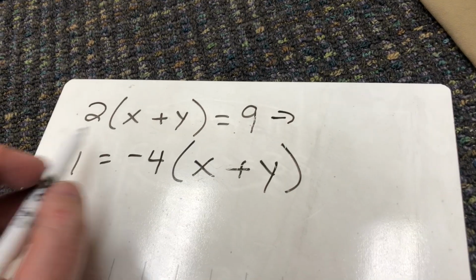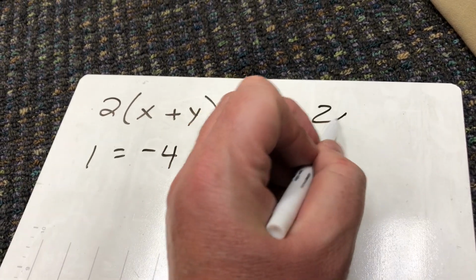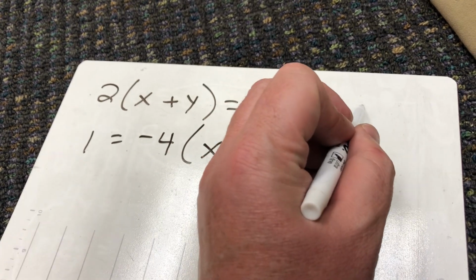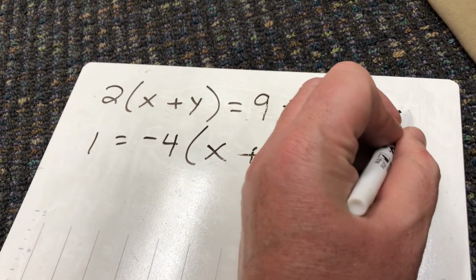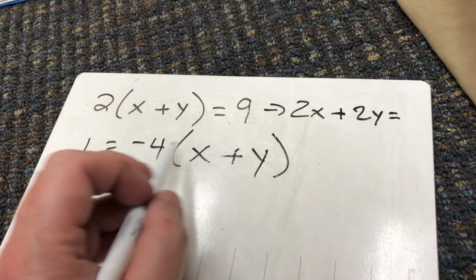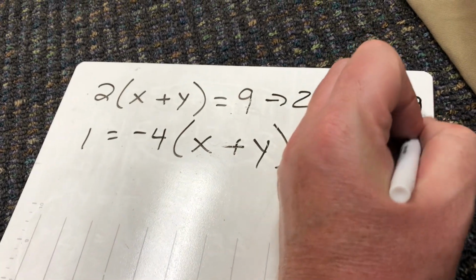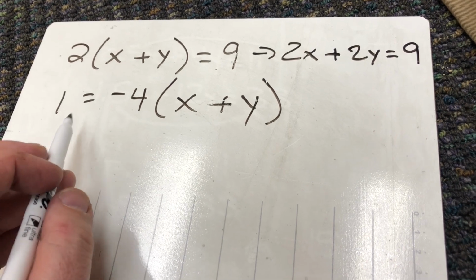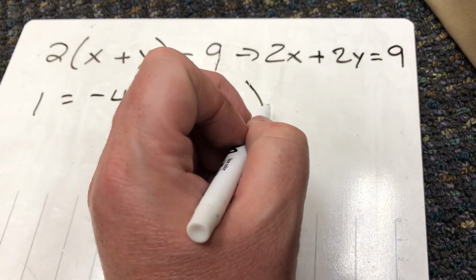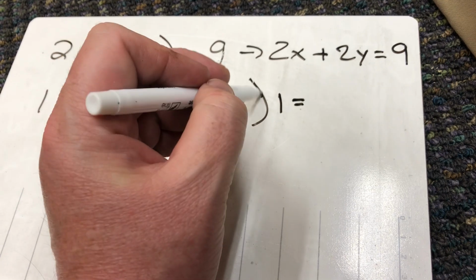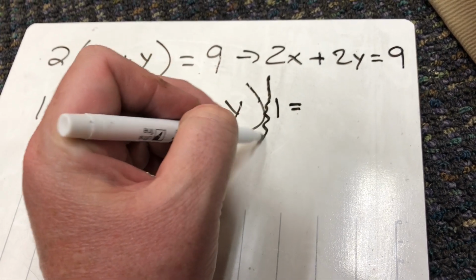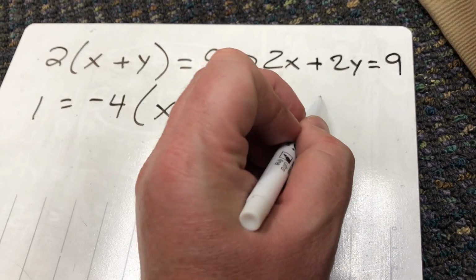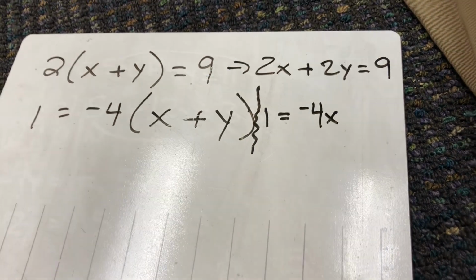So 2 times x will be 2x. 2 times a positive y is going to be plus 2y. And that whole thing, it tells us, equals 9. Now let's clear the parentheses in the other equation: 1 equals, and let's put a line there to separate that. Negative 4 times x is negative 4x.